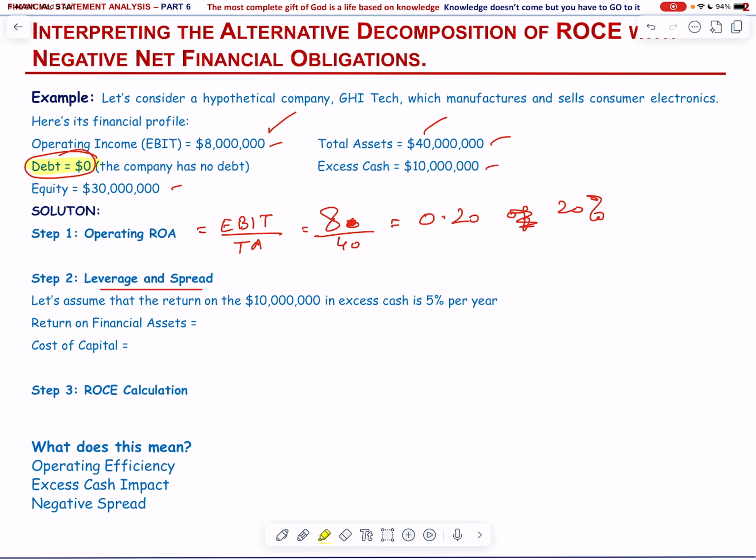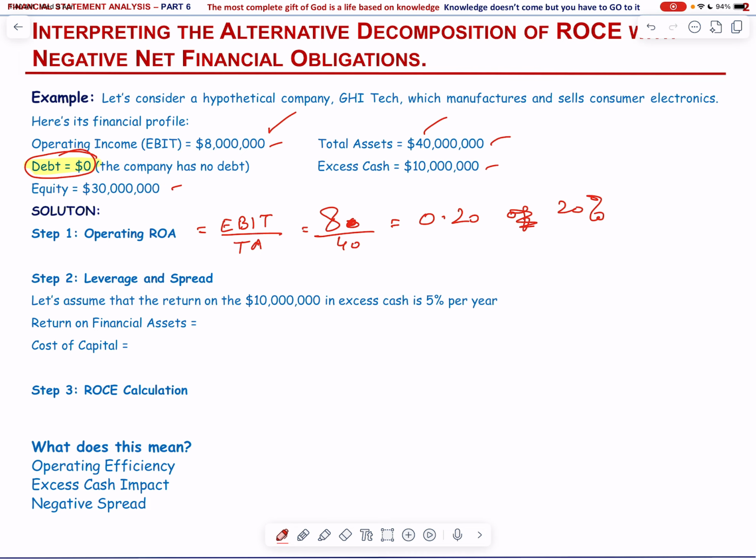Now the spread, which is the difference between the return on financial assets like interest income from cash holdings and the company's cost of capital, needs to be considered carefully.